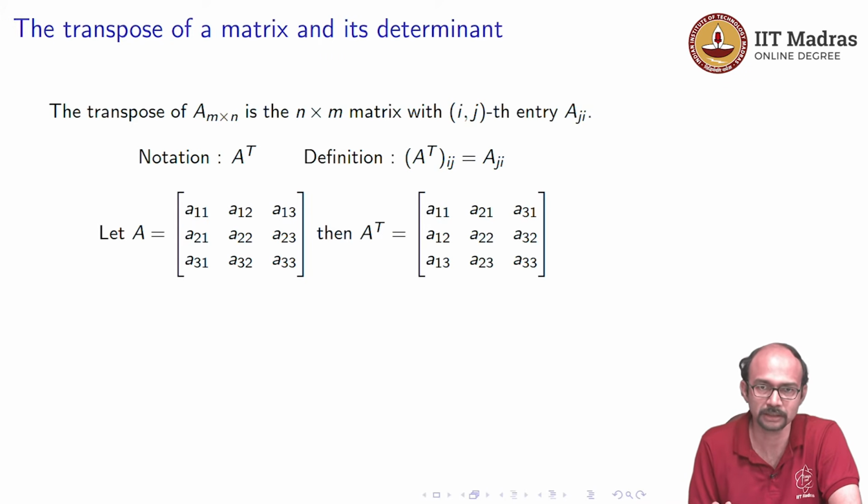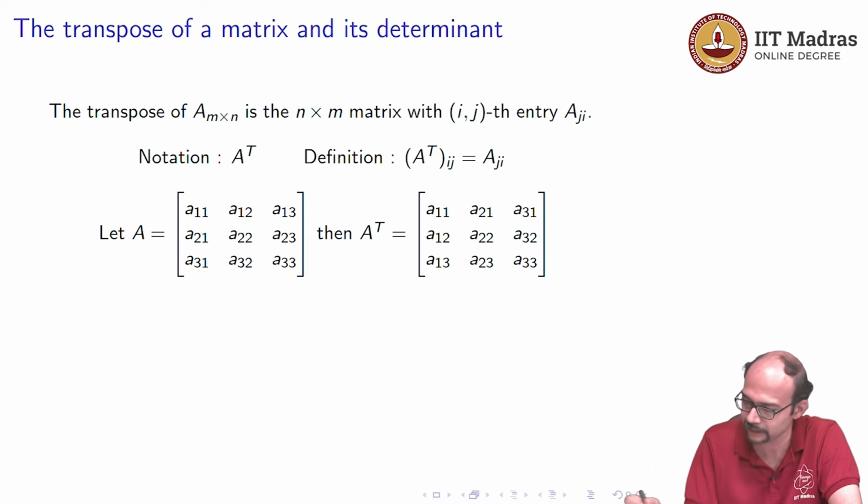So, for square matrices, the transpose has the same size, it is also a square matrix of the same size. And what happens to the entries? If A is like this A11, A12, A13 and so on, then A transpose is A11, A21, A31, A12, A22, A32, A13, A23, A33.